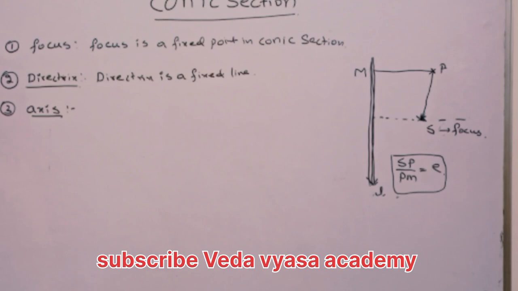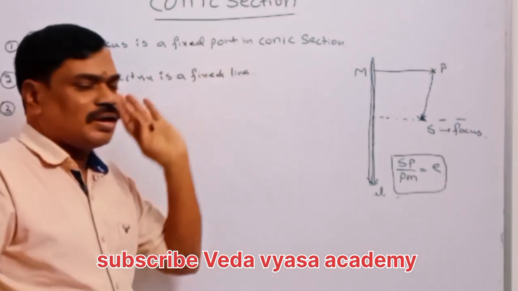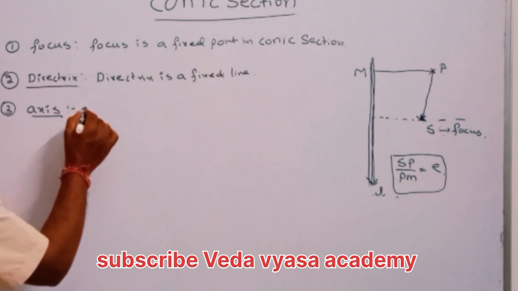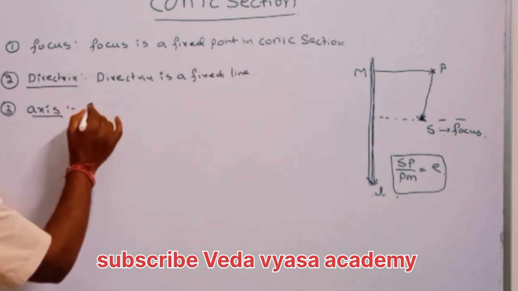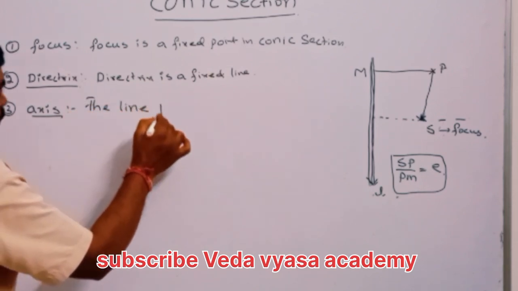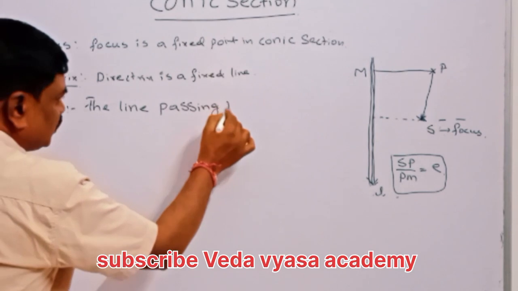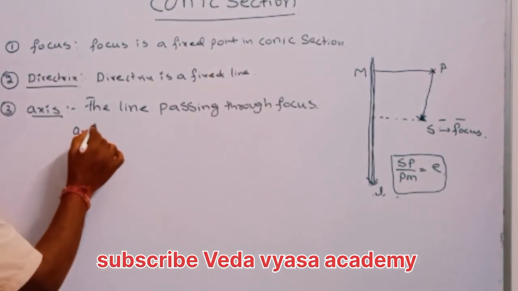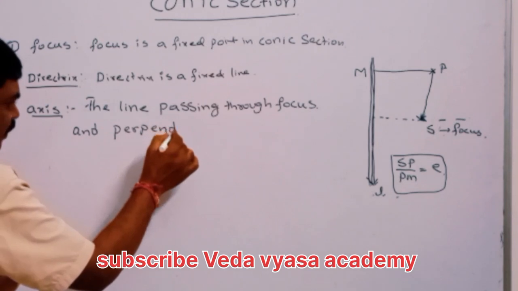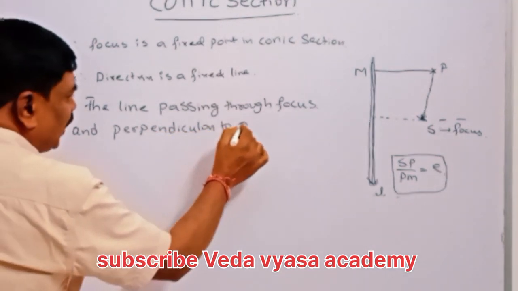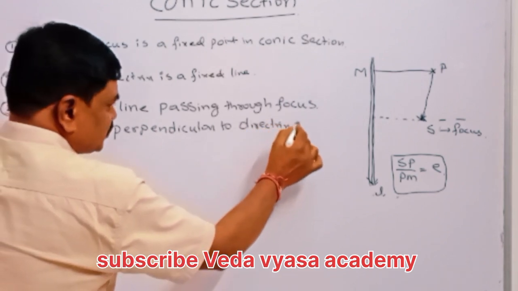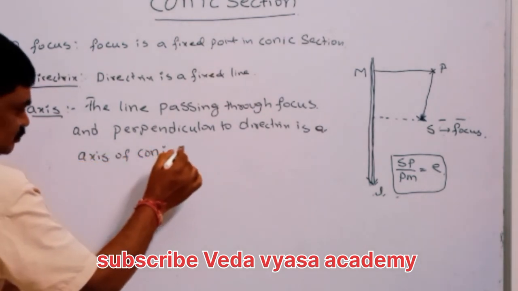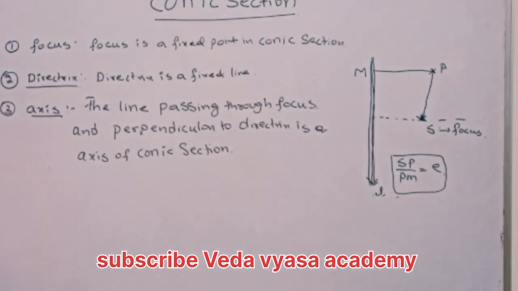The line passing through the focus and perpendicular to the directrix is the axis of the conic section.